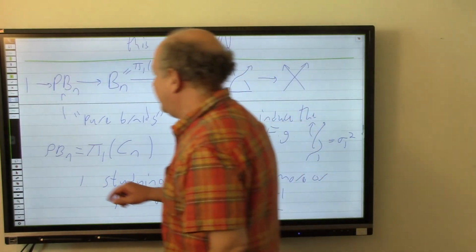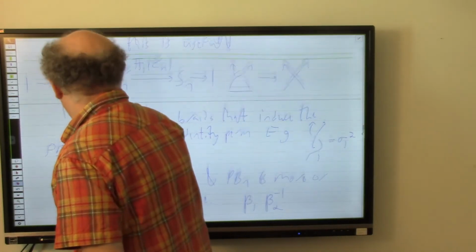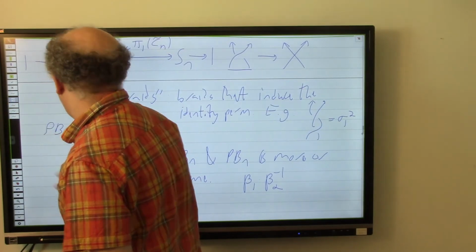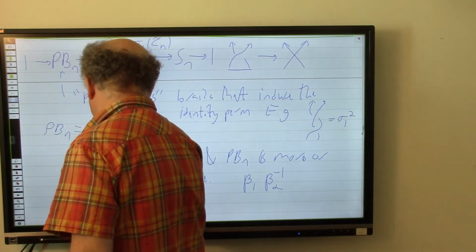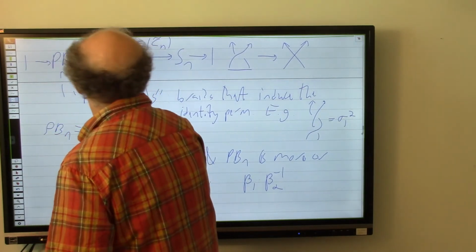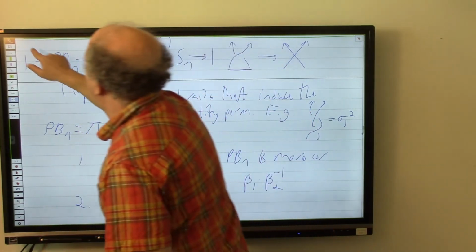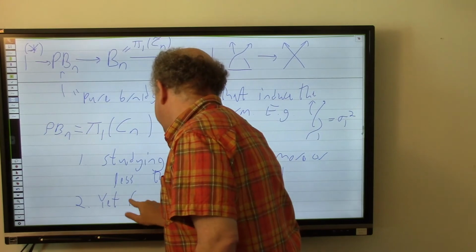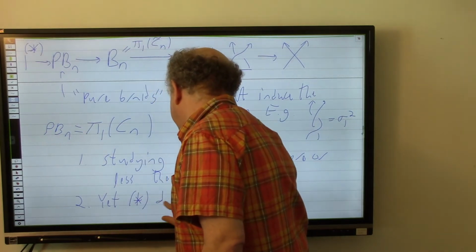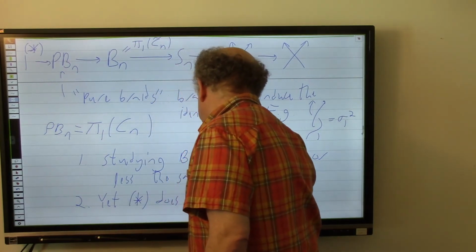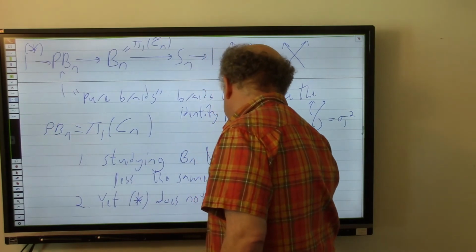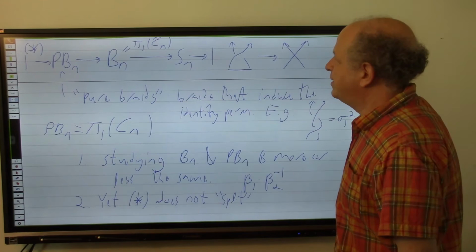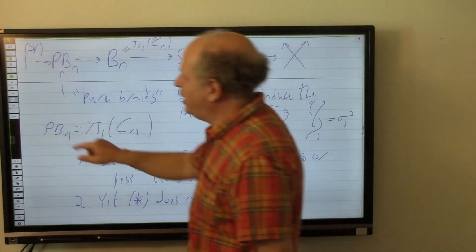Yet I should emphasize that this sequence, maybe I should give it a name, let's call it star. So this sequence star does not split. So what does it mean for a sequence to split?